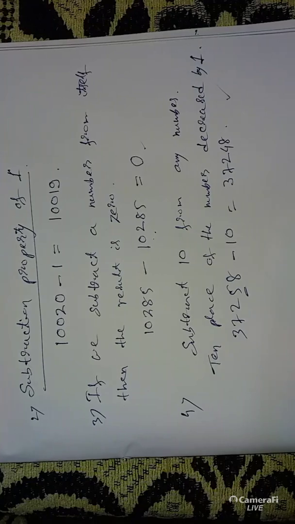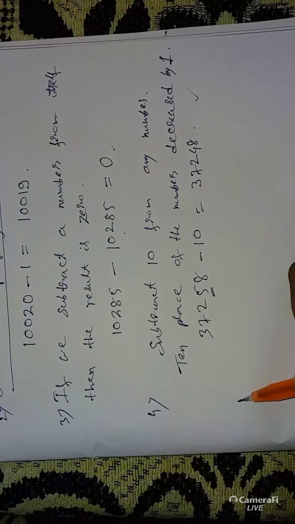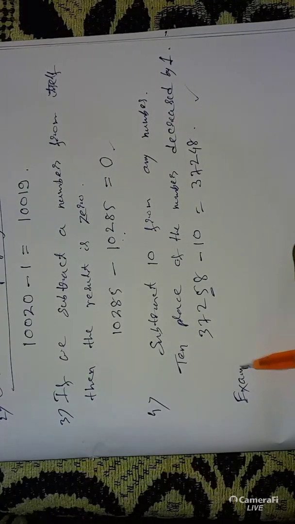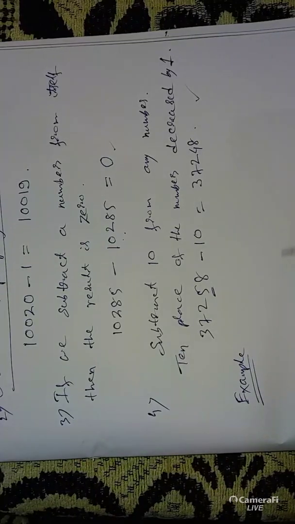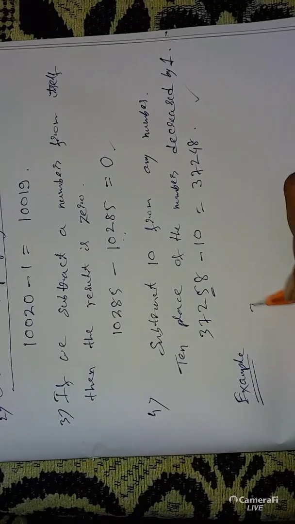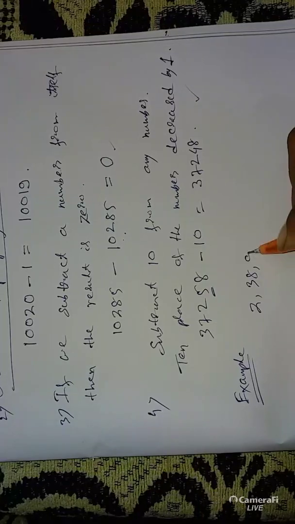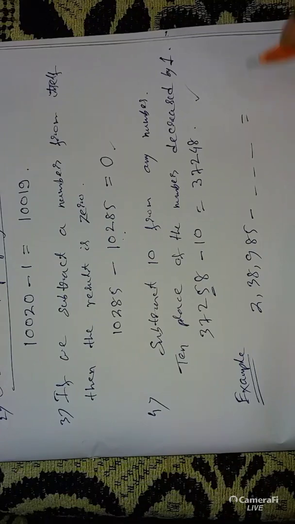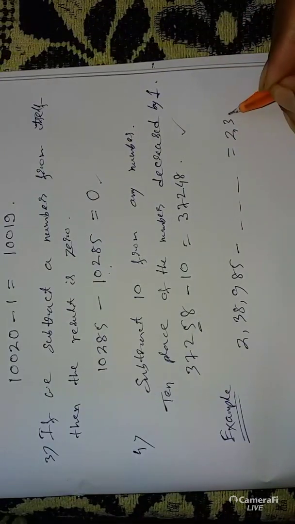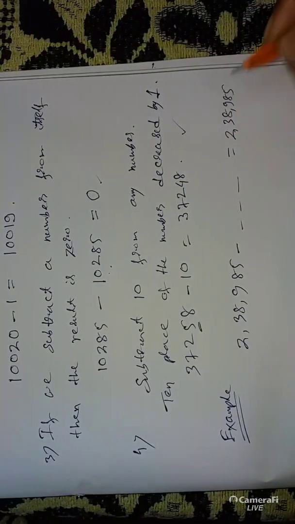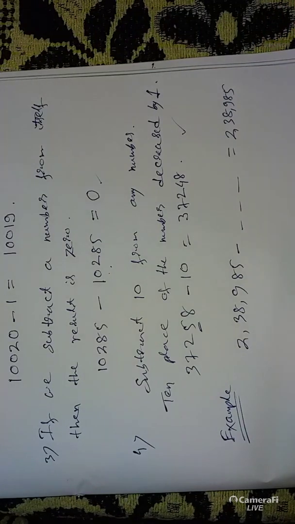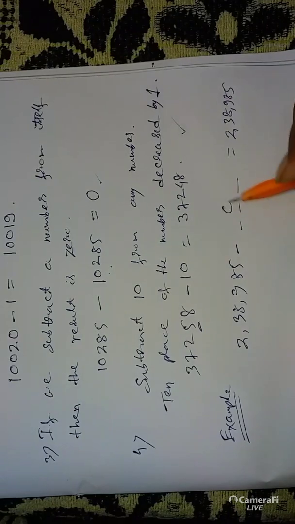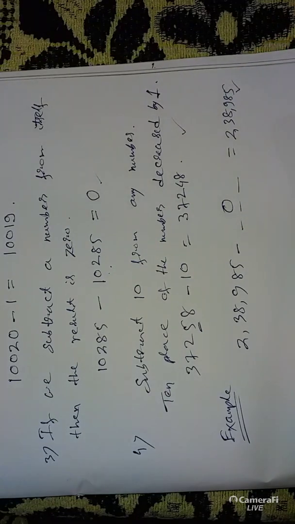Now, we will come to some examples or applications of these properties. This number minus which number will give the same number? From the subtraction property of 0, this number minus 0 will be the same number. So 0 is the answer.